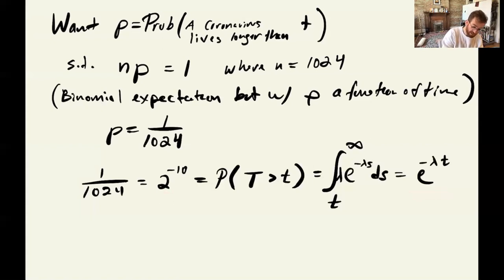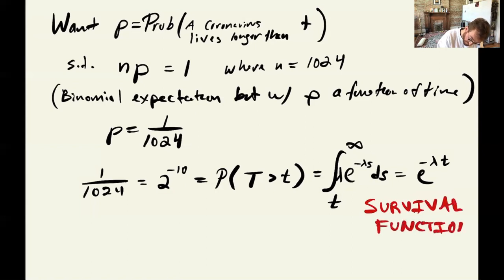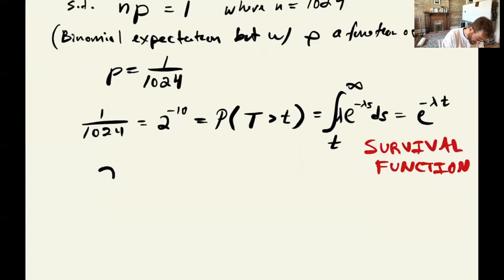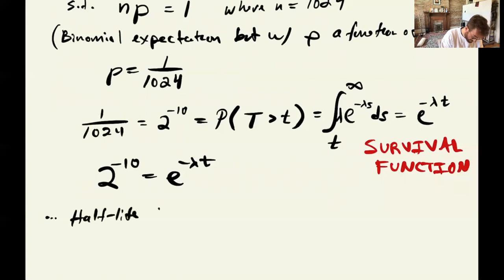We call this sometimes the survival function. But anyhow, we're now left to solve 2 to the minus 10 equals e to the minus lambda t. Now, if we remember, half-life is 7 hours.